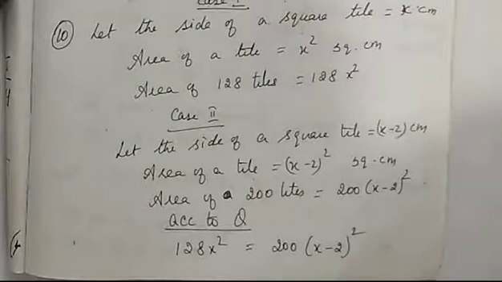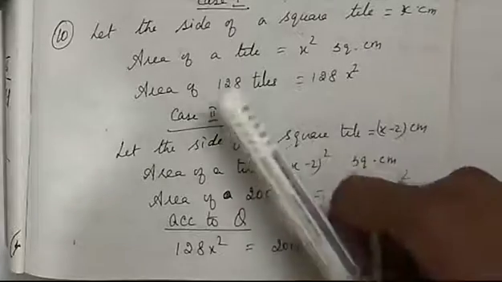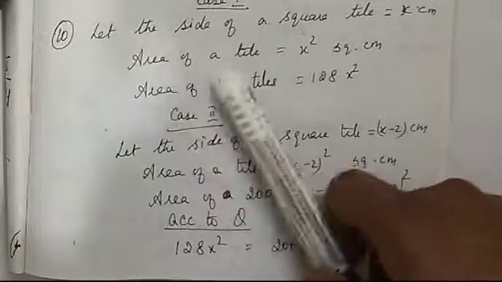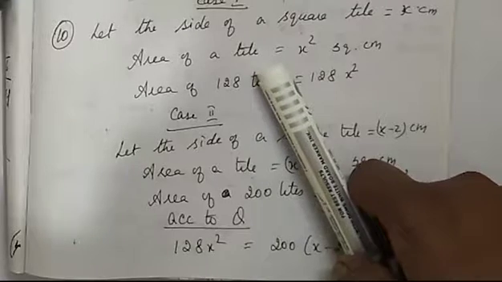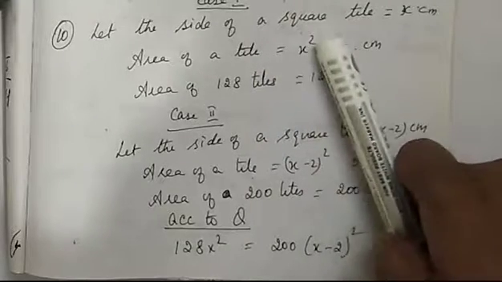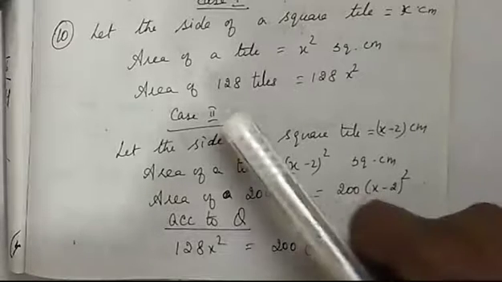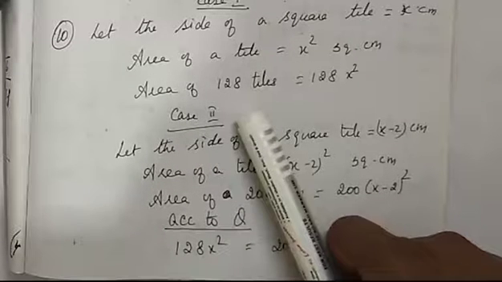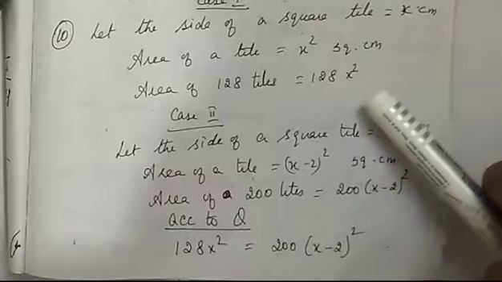Let us take the side of the square tile be x centimeter. Area of a tile, side into side, so x square centimeter. Area of 128 tiles is equal to 128 into x square.